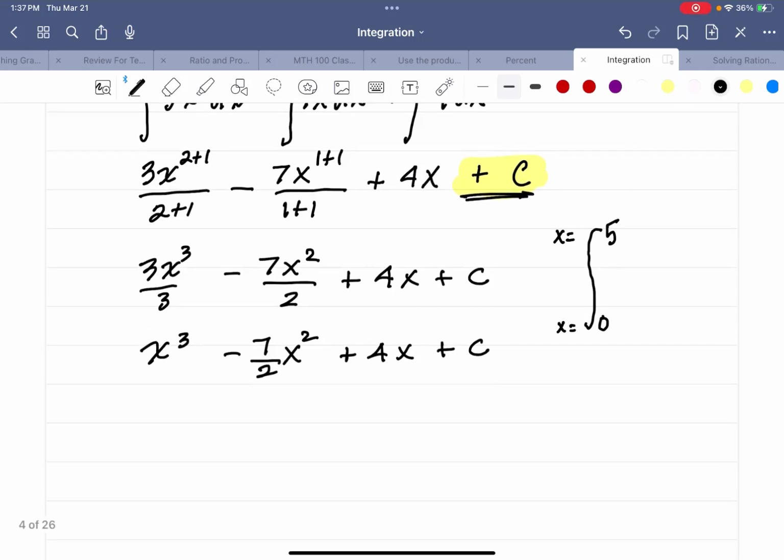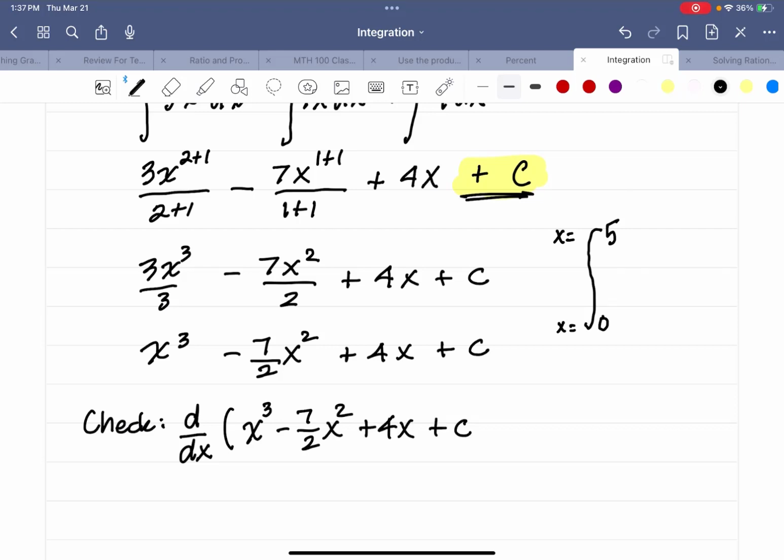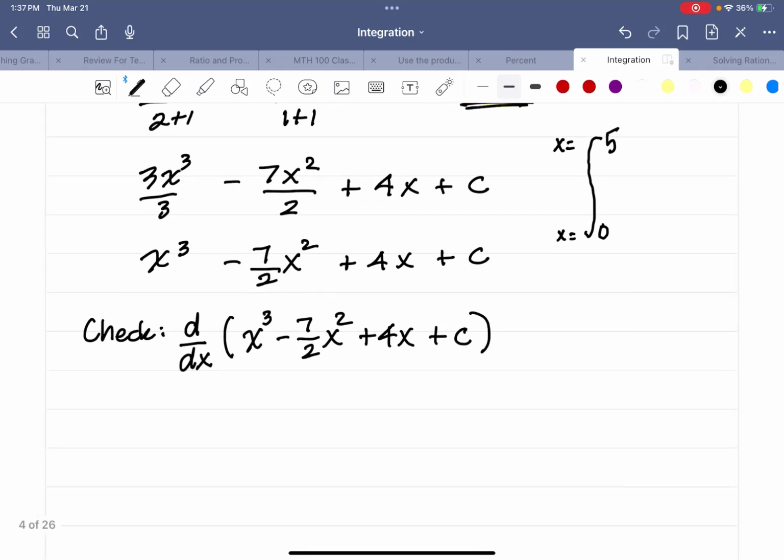Now, if I want to check this, I take the derivative. So I'm going to take the derivative with respect to x of x cubed minus 7 over 2 x squared plus 4x plus some unknown constant. Well, the derivative of x cubed is 3x squared. The derivative of the second one is 7 over 2 times 2 times x to the 2 minus 1.